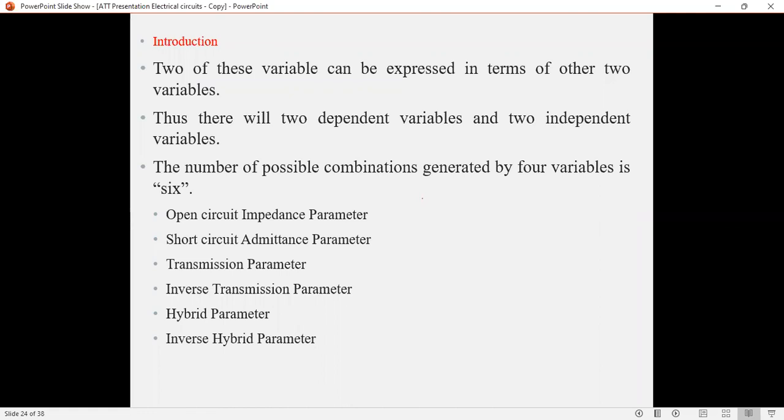Then the short circuit admittance parameter, which is called the Y parameter. Then the transmission parameter, which is called the ABCD parameter.